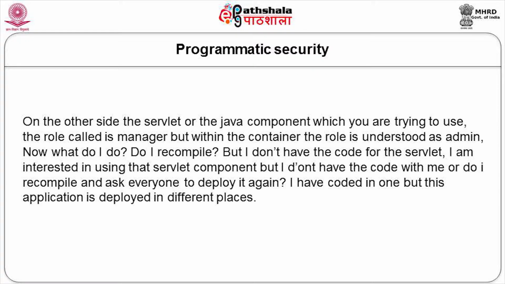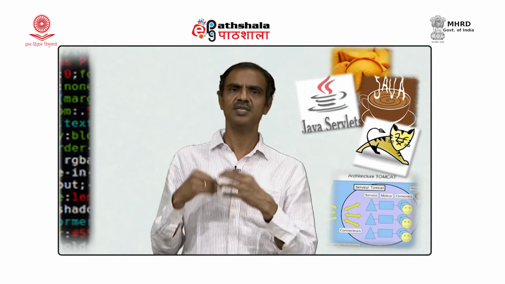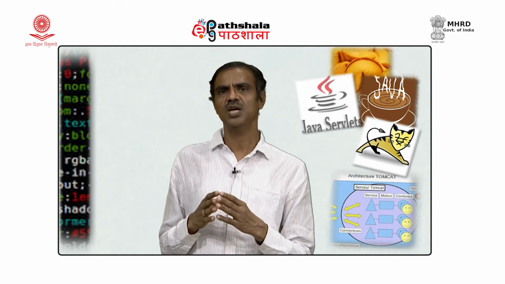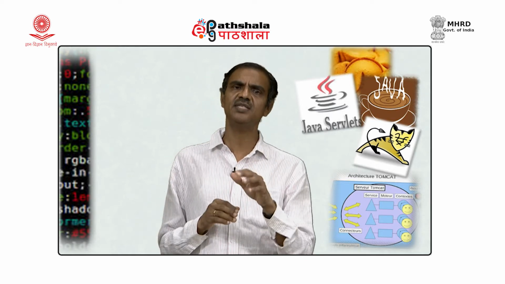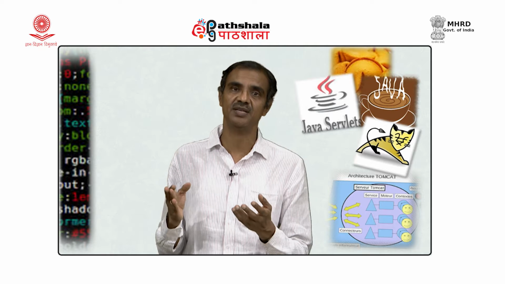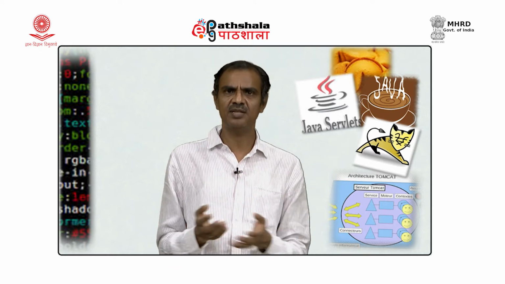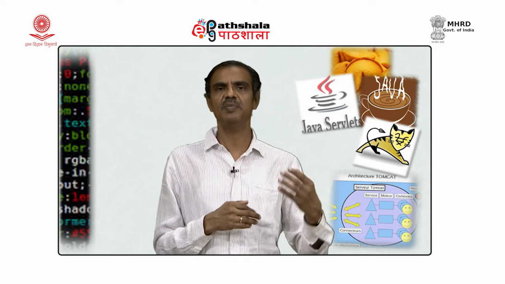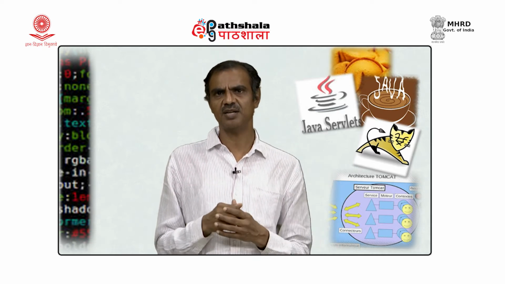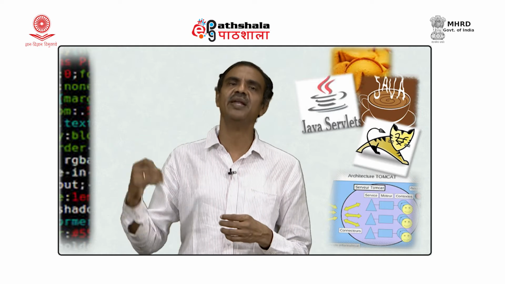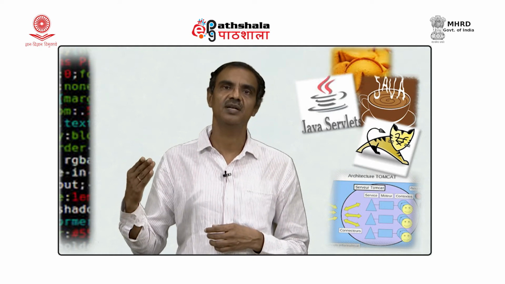So on the servlet you are trying to use, the servlet is using a role called manager, whereas within your container the role is understood as admin. Maybe here it is admin in the container, but that admin is the same as manager for our servlet.